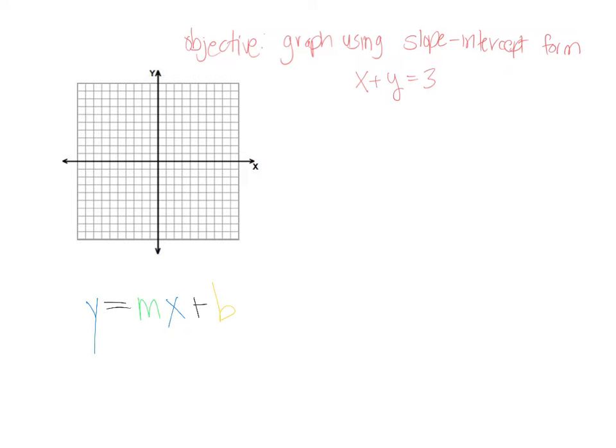And in that particular form, we know that the m, the variable there, represents the slope, and that the number there, the b value, represents the y-intercept, which is the point at which the graph crosses over the y-axis. Remember that our x and y represent any and all ordered pairs that fall on the line.